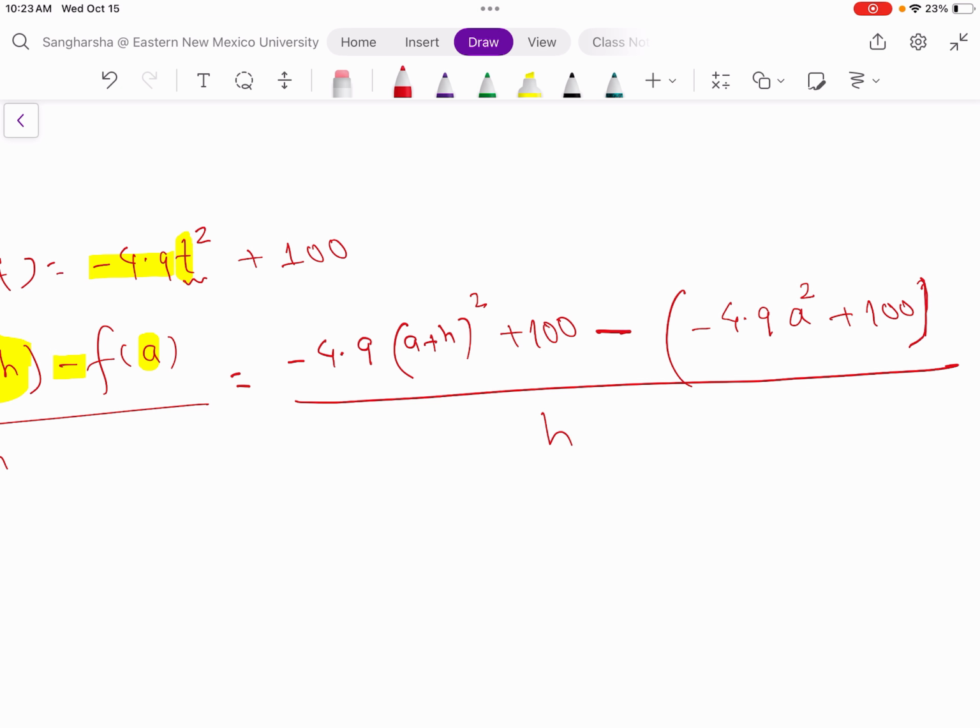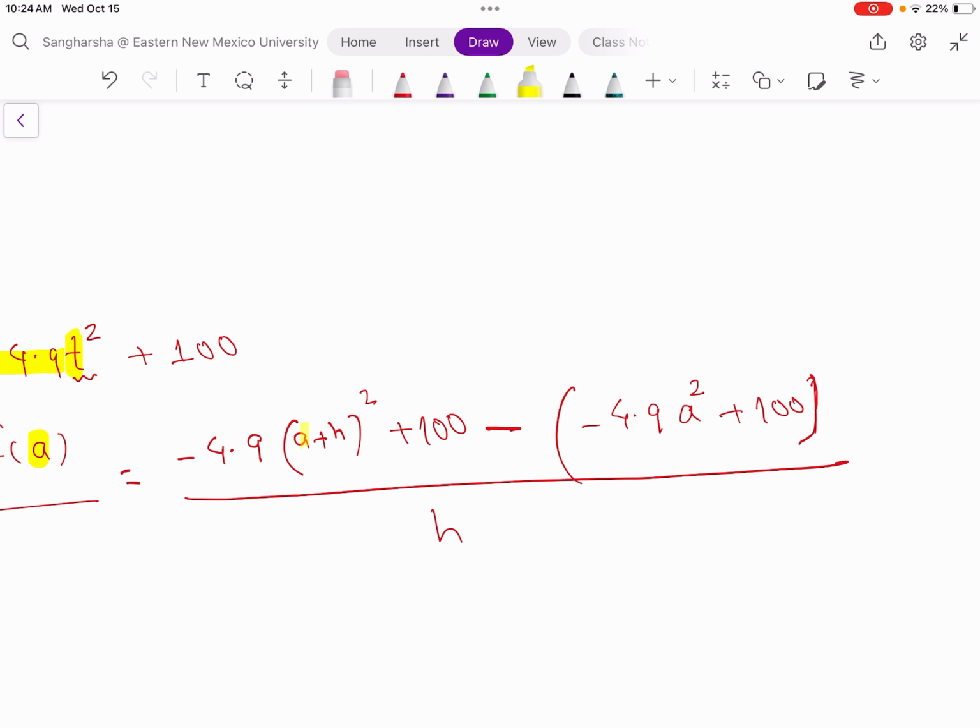This is the key step. If this is correct, the rest is simplifying. Any question for this part? You replace t by whatever we have in the parenthesis. Here we had a plus h, so we replace t by a plus h. The rest is the same. To find f of a, we replace t by a. Everything else is the same.